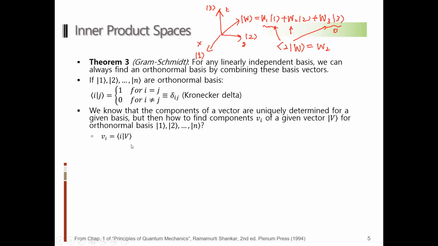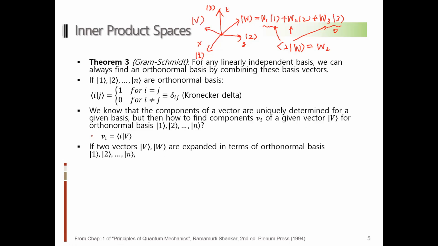The next question is, what happens if we have two vectors? Previously we had only one vector, but now we can think about another vector, and let's call it v. We know that this v vector can also be expanded in terms of the 1, 2, 3 orthonormal basis, so it will look like this.